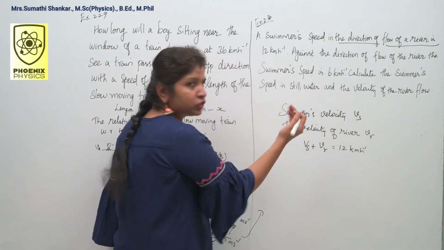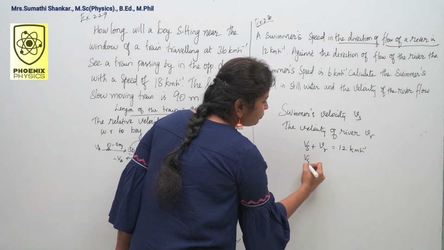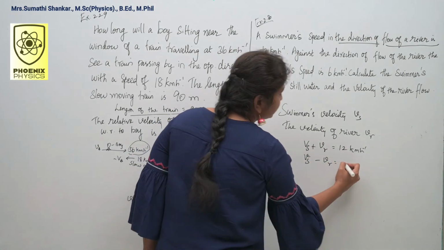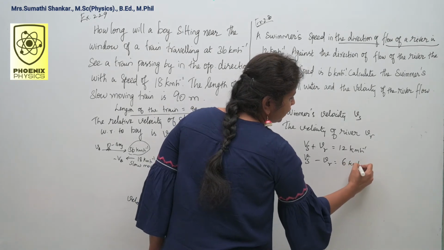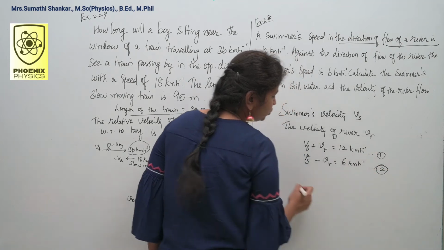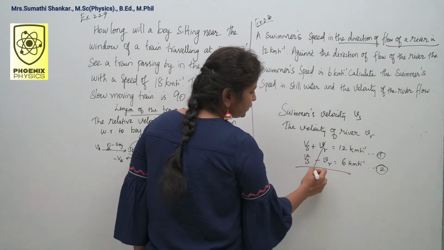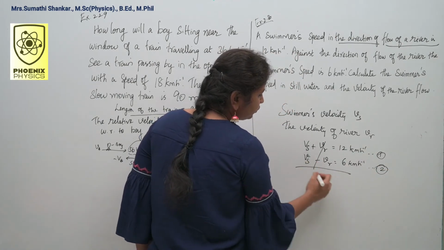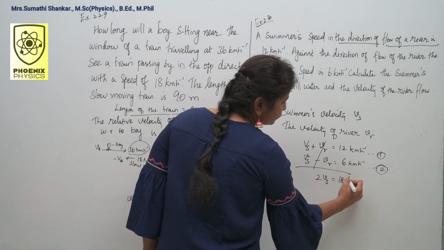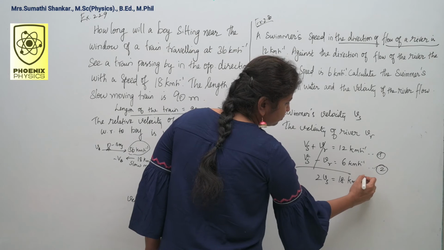Here, against the flow, so you have to subtract both the velocities. Vs minus Vr is equal to 6 km per hour. So this is our equation 1 and this is our equation 2. Just add these two equations. 2 Vs is equal to 18 km per hour.